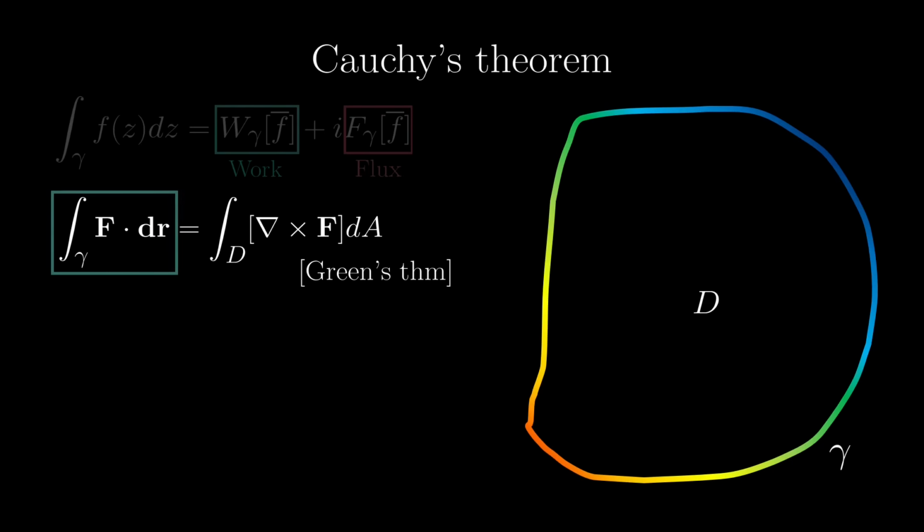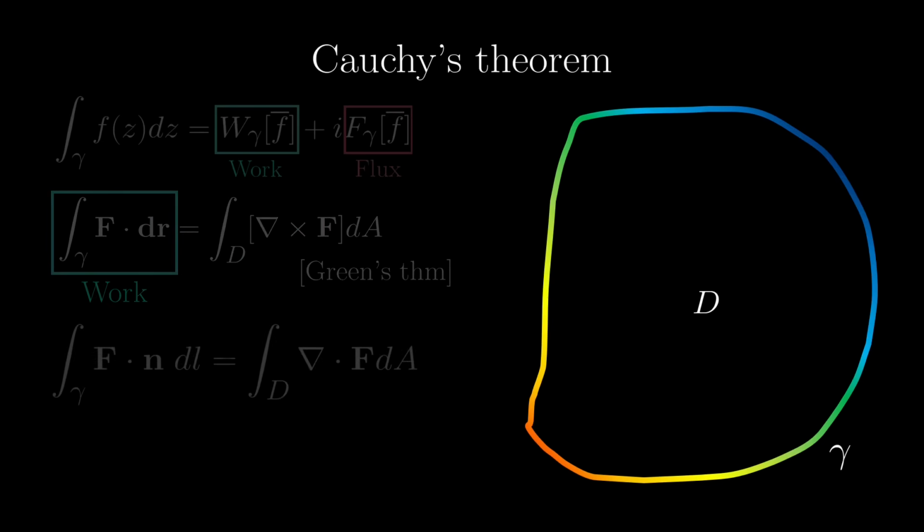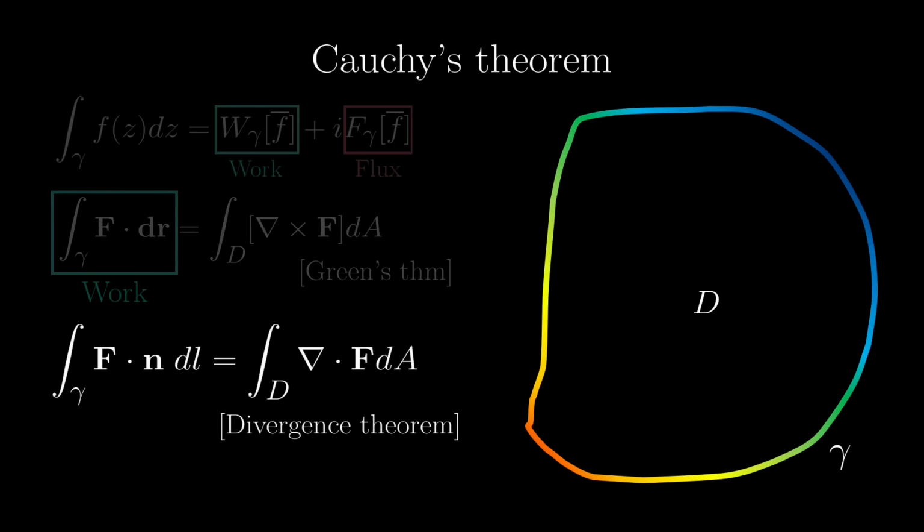But the left-hand side is work done along the closed contour. Next up, we have the divergence theorem, which relates the divergence integral to an integral across gamma, and the left-hand side is flux across the closed loop gamma.